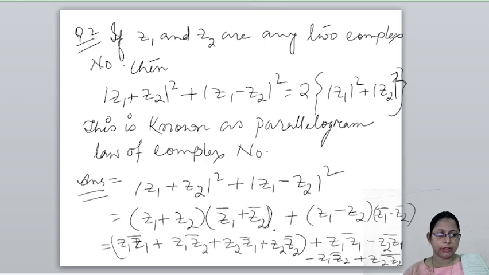Look here, if you remove the brackets, the Z1 Z2 conjugate cancels with this one and Z2 Z1 conjugate cancels with this one. I will be left with 2 Z1 Z1 conjugate and 2 Z2 Z2 conjugate.